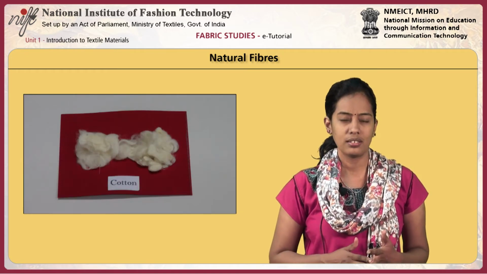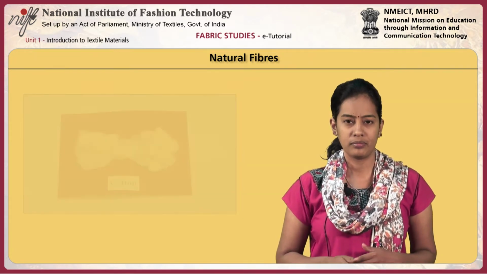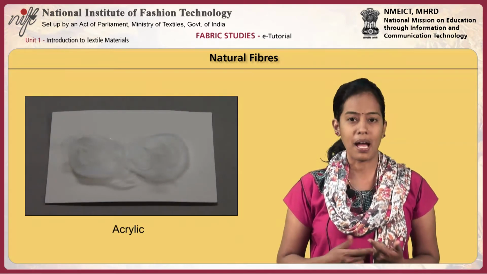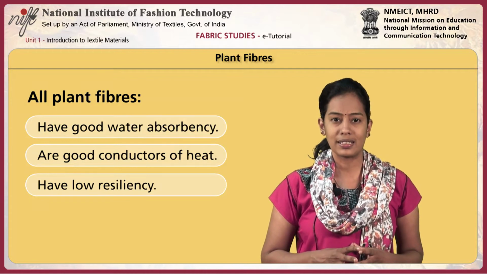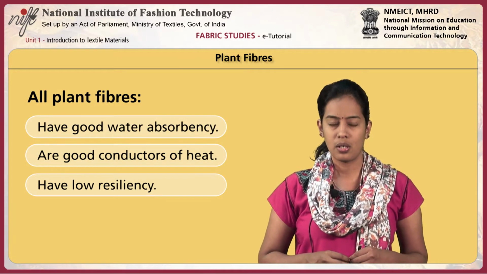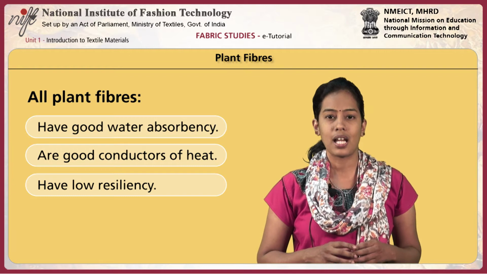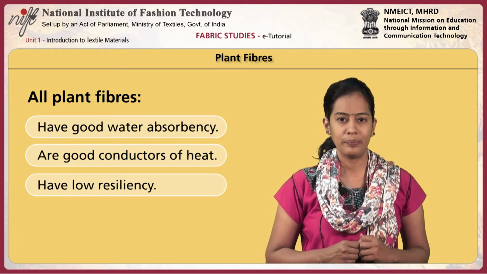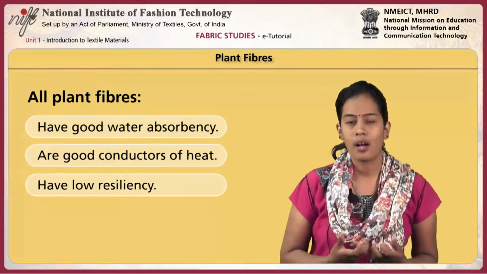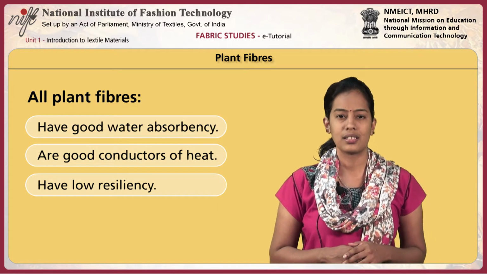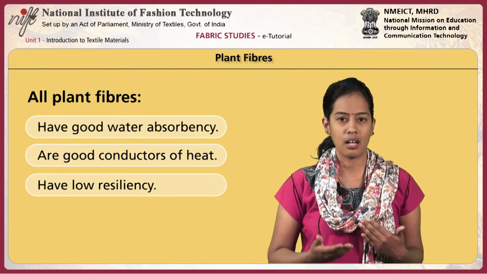This is cotton, a natural fiber, and this is acrylic, a man-made fiber. Plant fibers are also called cellulosic fibers. All plant fibers have good water absorbency, hence they are preferred for making products that require hydrophilic characteristics such as diapers and towels.